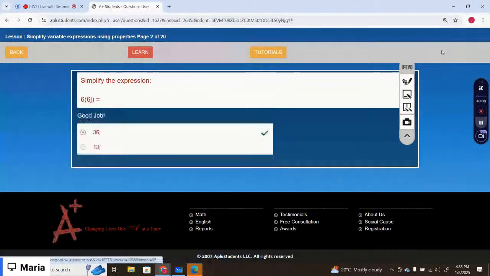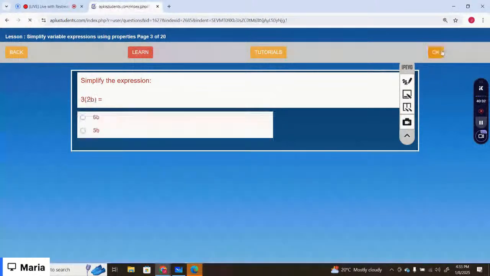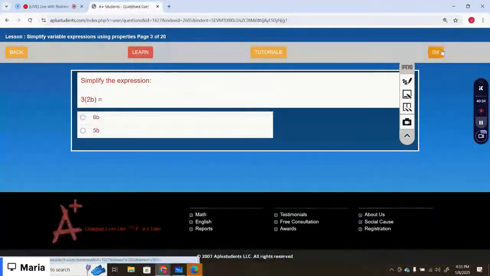Option number 1 is the correct option. Simplify the expression. That is 6B.